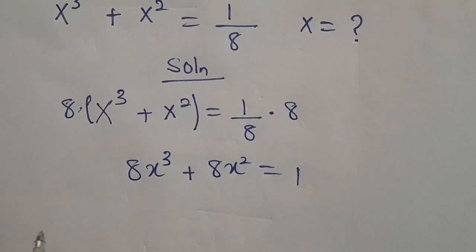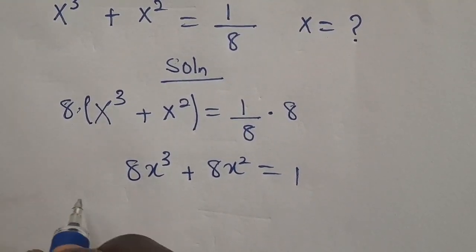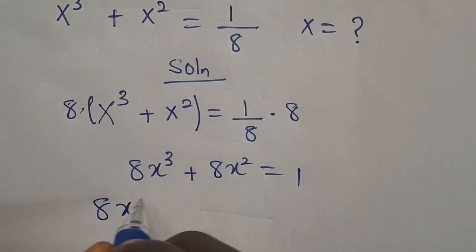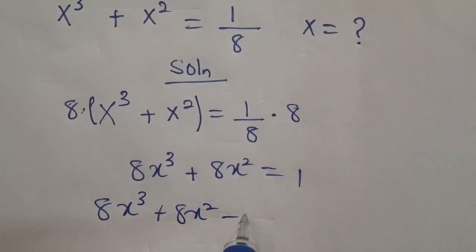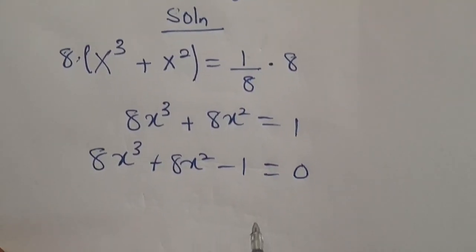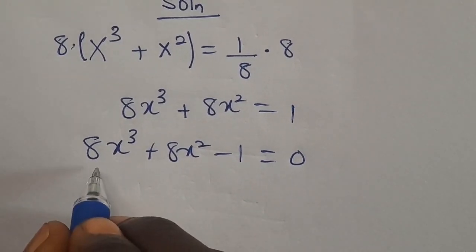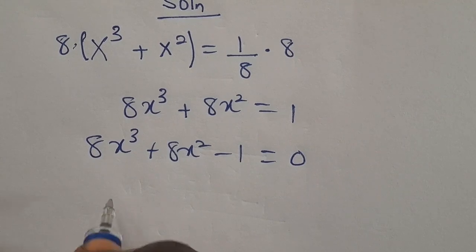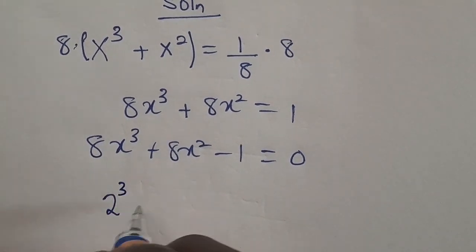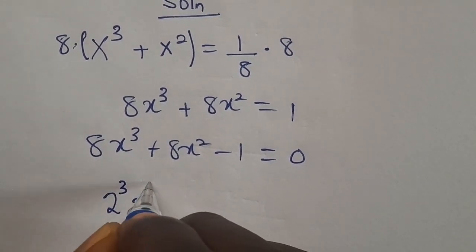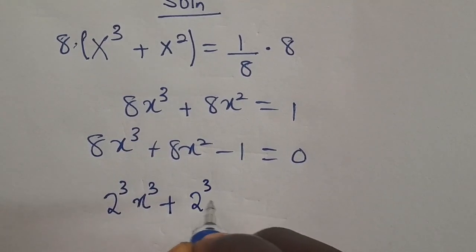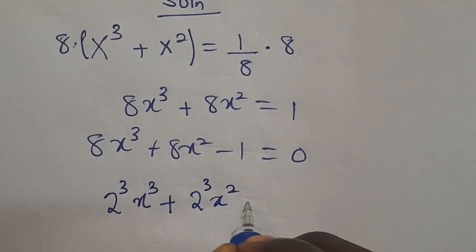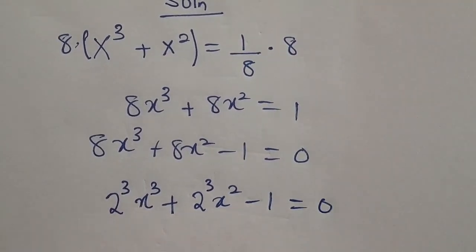From here, we can have this as 8x cubed plus 8x squared minus 1 equals 0. But we can write 8 in base 2 as 2 to the power of 3, multiplied by x to the power of 3, plus 2 to the power of 3, multiplied by x squared, minus 1 equals 0.